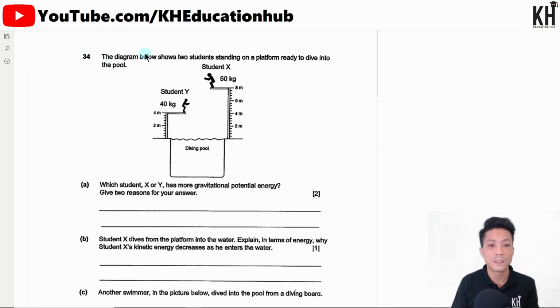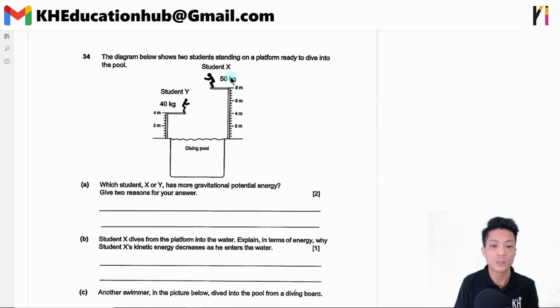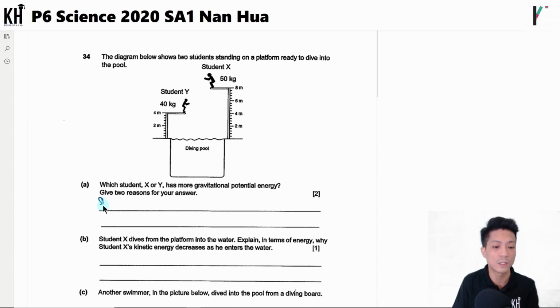Question 34. The diagram below shows 2 students standing on a platform ready to dive into the pond. Student X and student Y. Which student, X or Y, has more gravitational potential energy? It is obviously student X. Give 2 reasons for your answer. I'm going to write down student X first.